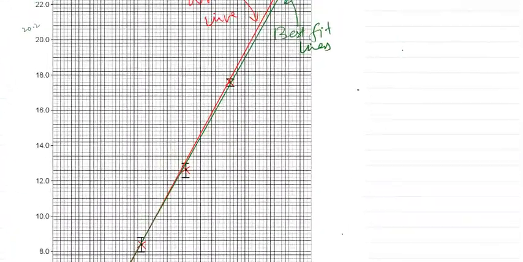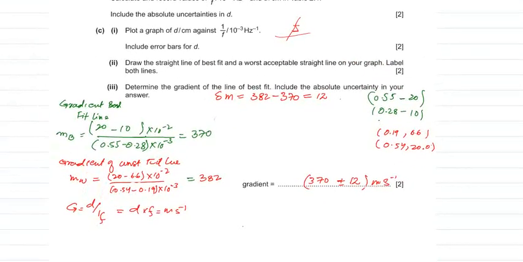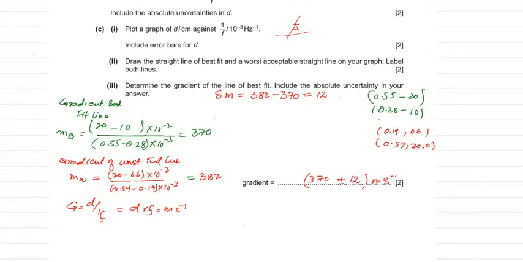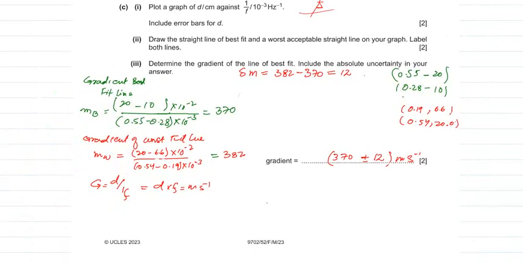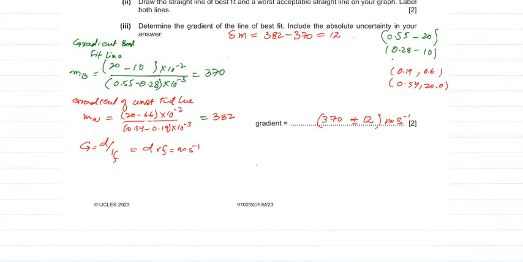So after taking the gradient, I've taken these values for the best fit line: we have the points 0.55 against 20 and 0.28 for the y-axis 10. And for the worst fit lines, we have 0.1966 and 0.5420.